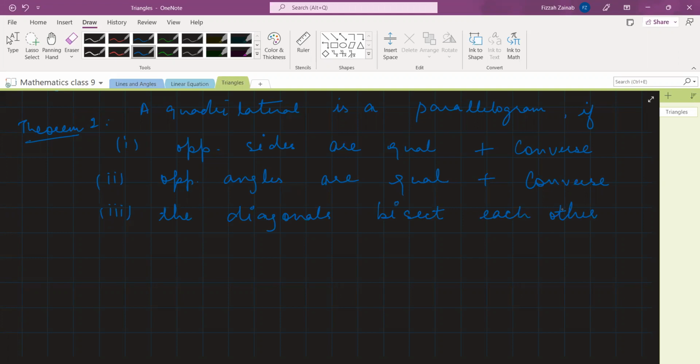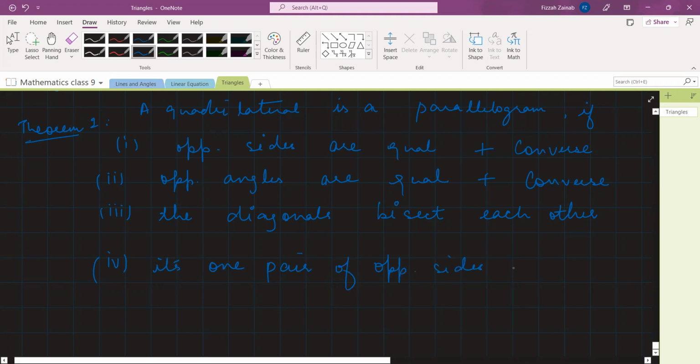So in any parallelogram, this is a theorem which you have to remember, that one diagonal divides the other diagonal into two equal parts. And the fourth is one pair of opposite sides are parallel and equal, right?